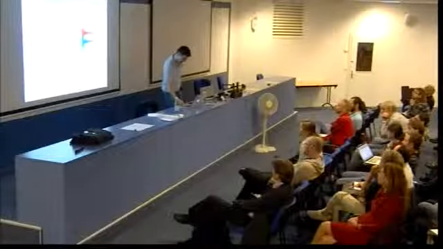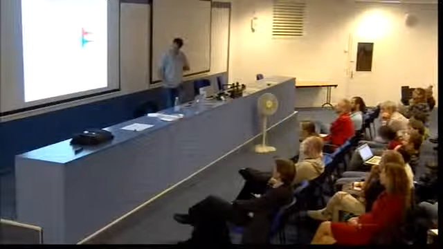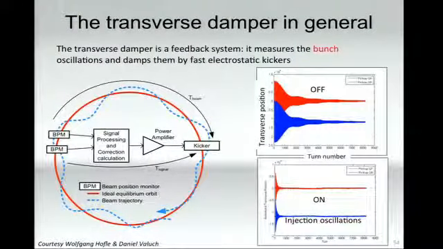Okay, the next important feedback system is the transverse damper. Again, this is bunch by bunch, turn by turn, with some serious signal processing and correction going on here. So this is picking up data from 2 BPMs and sending corrections to fast electrostatic kickers to damp the motions of the bunches.